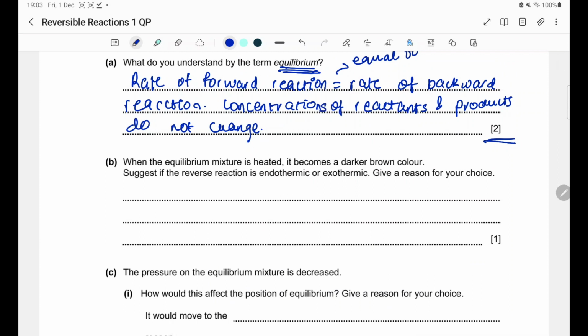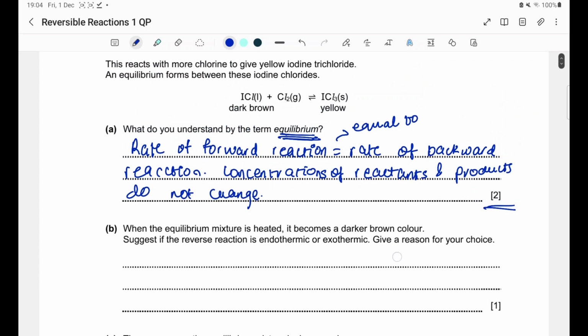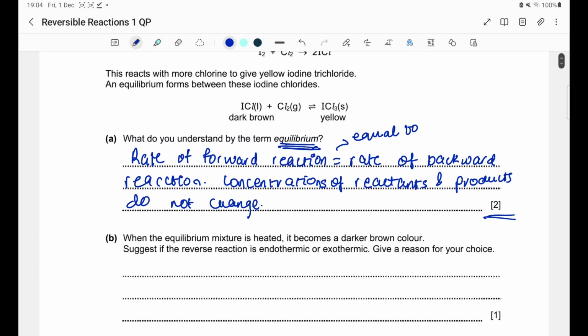When the equilibrium mixture is heated, it becomes a darker brown color, suggestive the reverse reaction is endothermic or exothermic. Right, so when the equilibrium mixture is heated, it becomes dark brown. So when you raise the temperature, the equilibrium shifts to the left. When you raise the temperature, the endothermic reaction is favored.